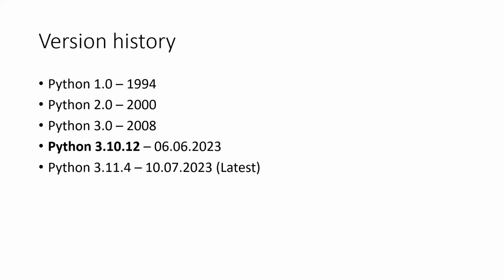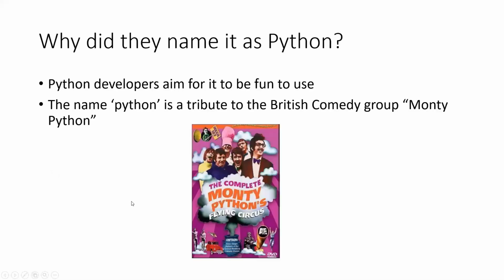It has reached end of life support, which means if you have some bugs and report them to the Python developers, they may not say they will release a version 3.1.1 or something like that. Rather, they will say, let us see if this bug is still present in the next versions, and they will check. If it is there, they will fix it and release something like 3.11.5 instead.